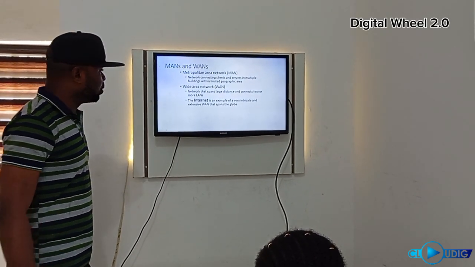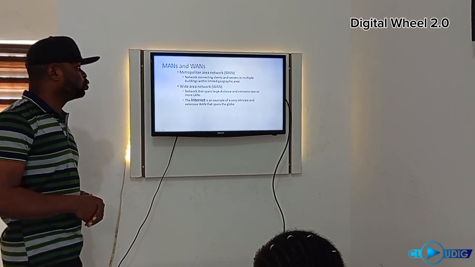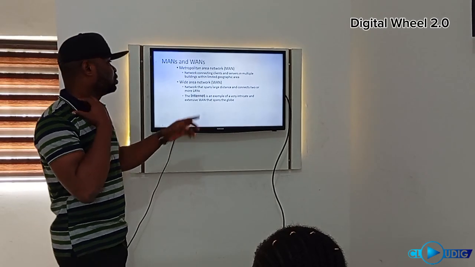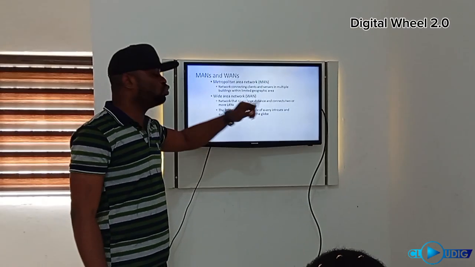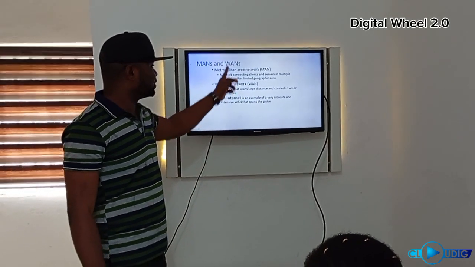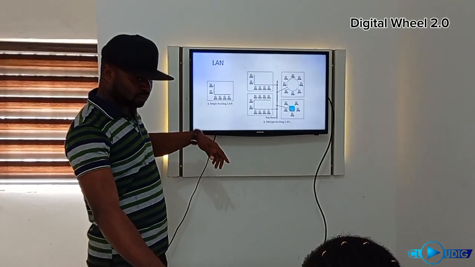So, wide area network: a network that spans a large distance and connects two or more LANs. Now, take note, this is a wide area network. It spans a large distance and connects two or more LANs, not two or more computers now. If you go back, this is a LAN.